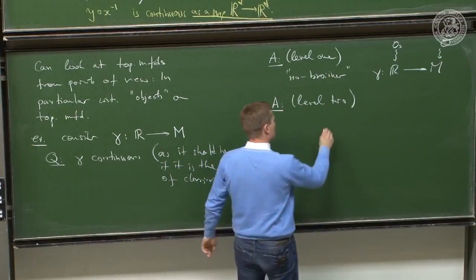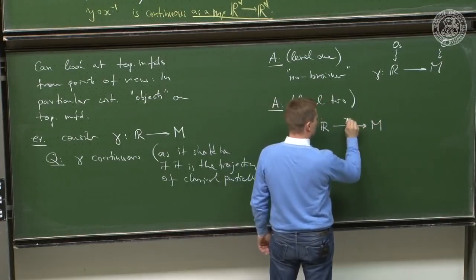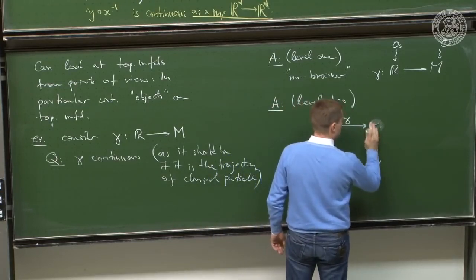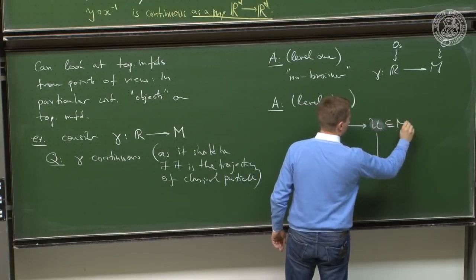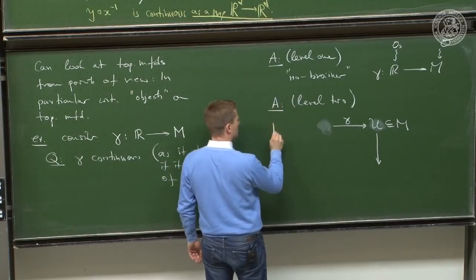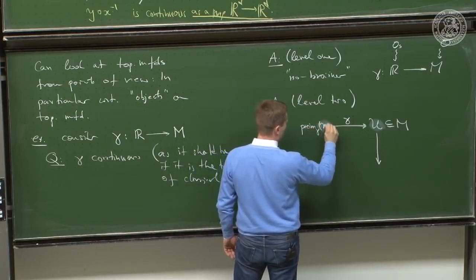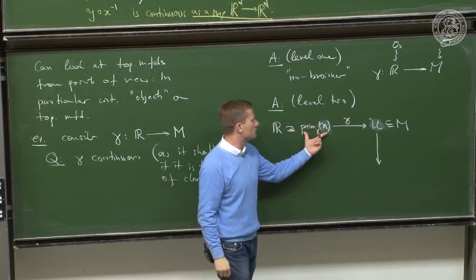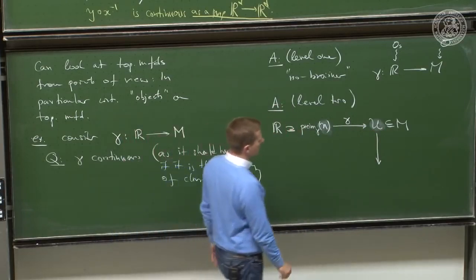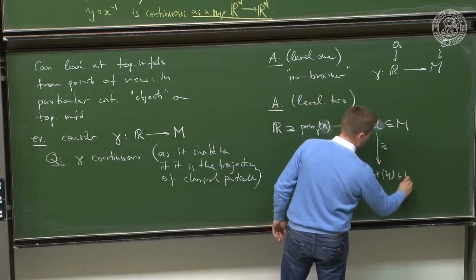You said, aha, I have R, I map it into the physical space, all right, that's the curve gamma in the real world if you wish, but now you only look at one part of the real world, namely the image of gamma only into a subset U, so that the domain is the pre-image of U under the map gamma, so that parameter range where the curve lies within this restricted set U. And if U together with X is a chart, then you land in X of U in Rd.